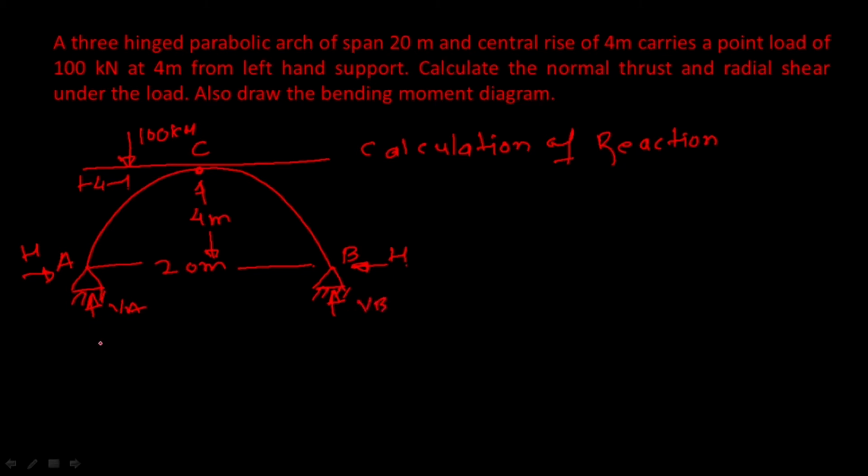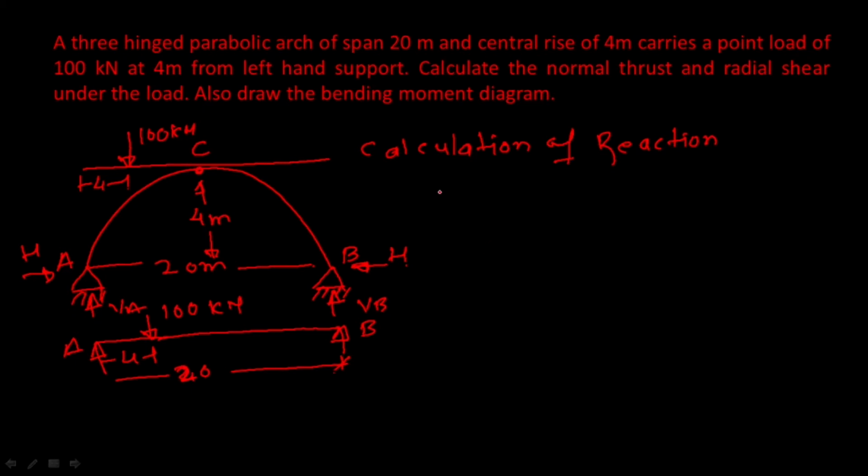So here consider this load as applied on a simply supported beam for the sake of convenience. So draw the simply supported beam and apply the load 100 kN at 4 meter. This is the A support and this is the B support. This span is 20 meter.